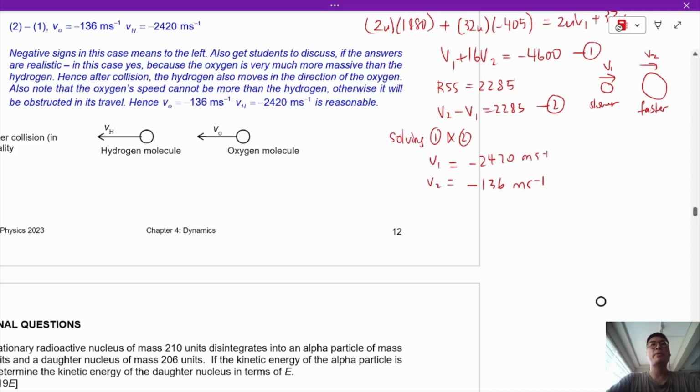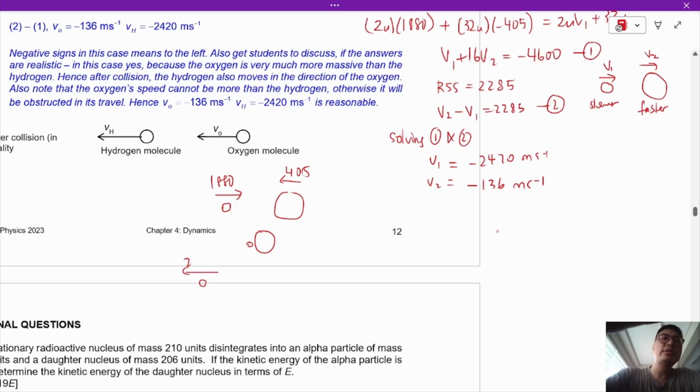So let's see what happens in the actual collision. Over here, this guy is moving at 1880 and this guy is moving at 405. They collide, and then this guy is moving backwards now at a greater speed, 2420, and this guy is moving in the original direction at a slower speed, 136.